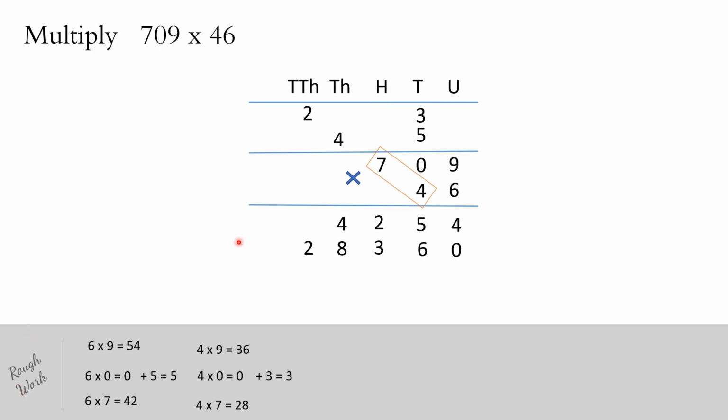So 709 multiplied by 4, we got the answer 28,360. Now we will add these both products.